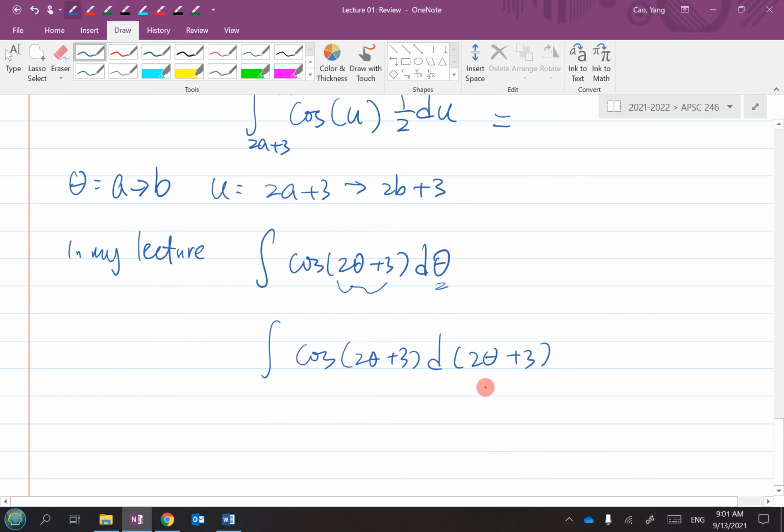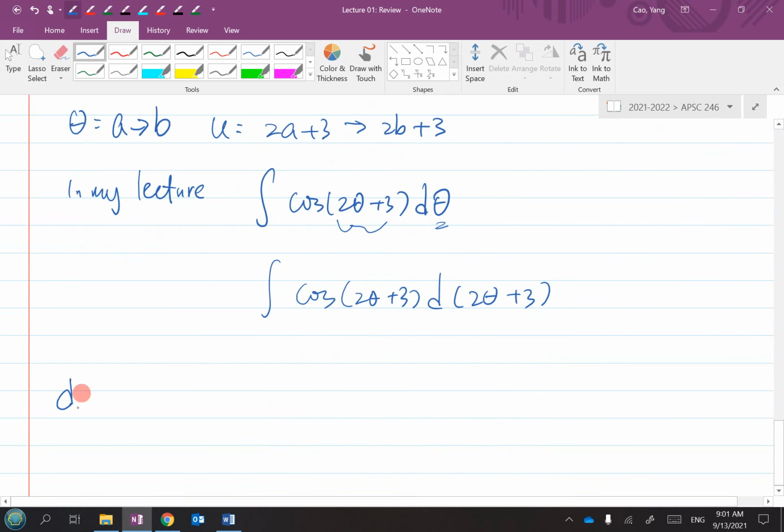As I introduced in the first lecture, d is called a differential operator. When you put a d and then a bracket, you can put any function within the bracket, as simple as x or x squared. In my case, we have 2 theta plus 3.